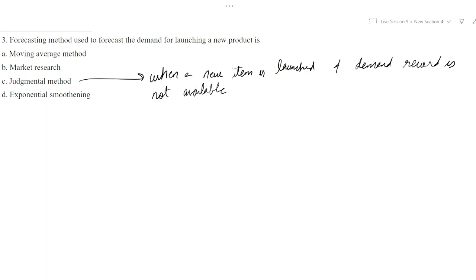Okay, so now we will discuss elaborately what forecasting is. Forecasting means estimation of future demand.